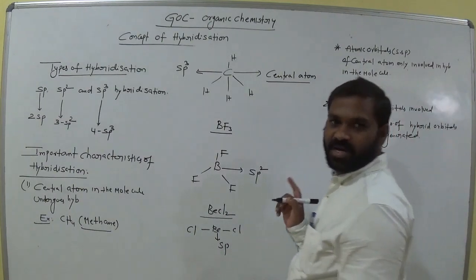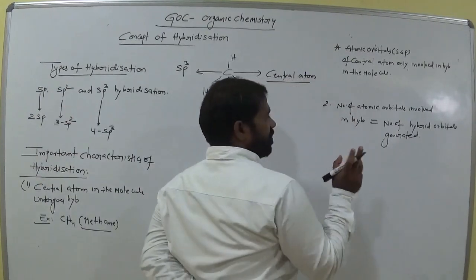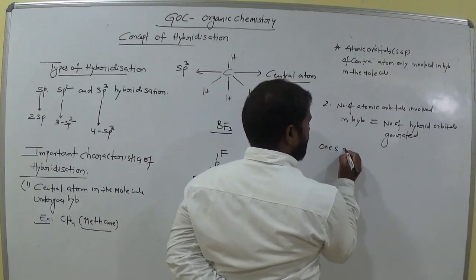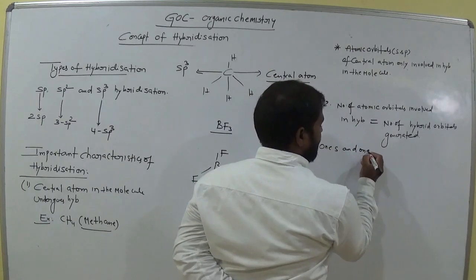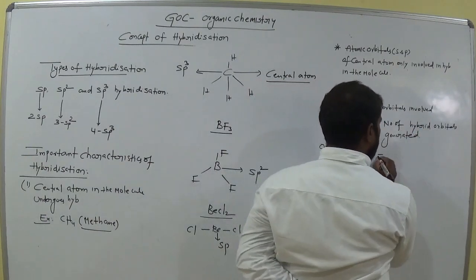Okay, is this point clear? That means, for example, in the case of sp, how many atomic orbitals are involved? One s orbital and one p orbital. Am I right?